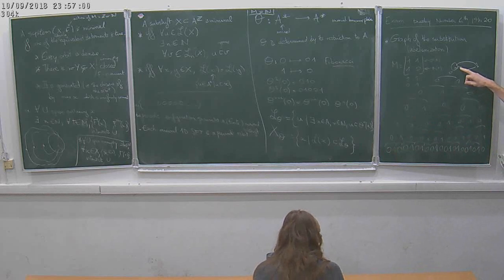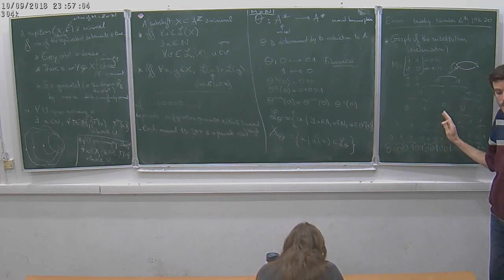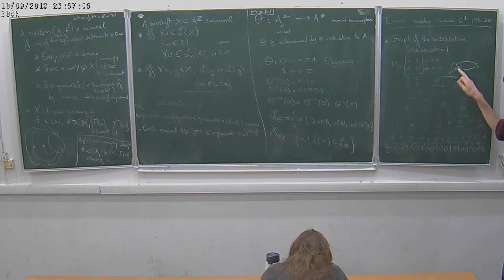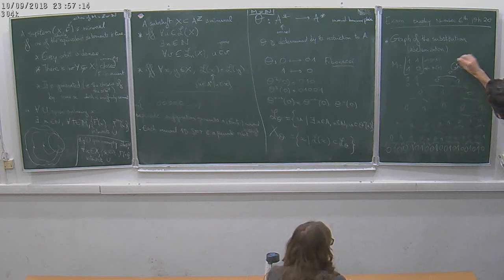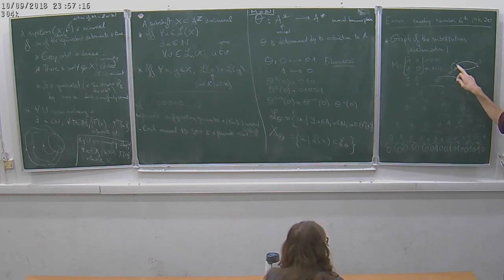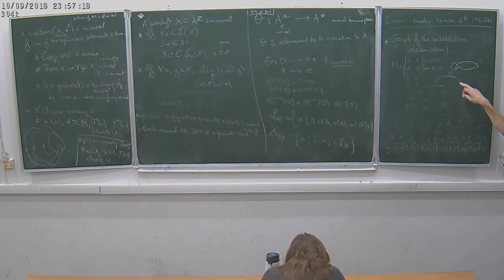And when you follow a path like this, you are going vertically. For example, I'm having 0, then I have the choice between going to 0, so this is 0 and this is 1. I am in 0, I have the choice between having 0 or 1. Okay?